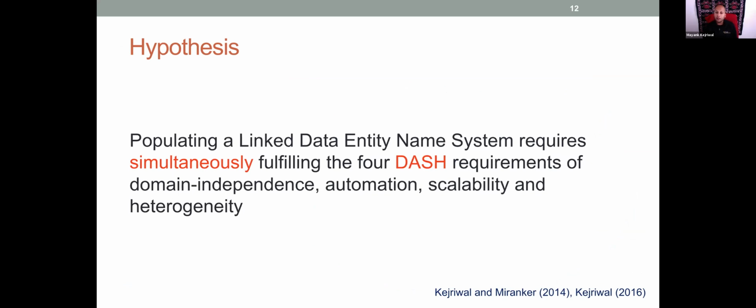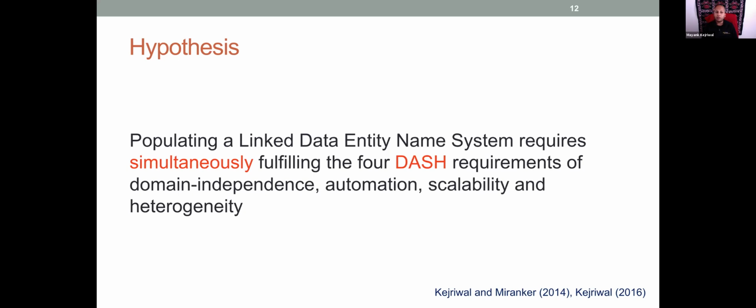Now, simultaneous is important because even though I won't have time to go into it in this talk, it turns out when you look at the literature, and I go in depth into this in my thesis, which was published in 2016, that you can find many papers that are fulfilling 1 requirement, sometimes 2, but we could not find a paper that was dealing with 3 of them, let alone all 4 of them, the way that we defined it. And we gave very precise definitions along the lines that I just told you about, but it's very difficult to find a system that can deal with all 4.